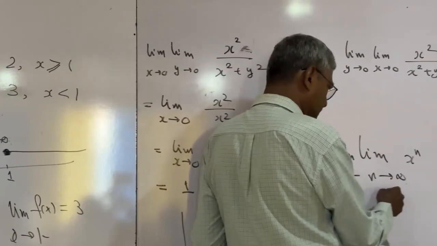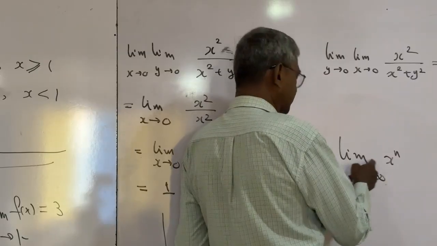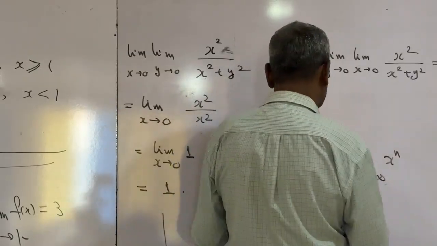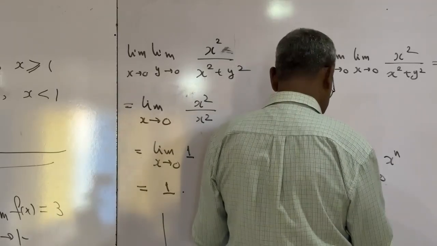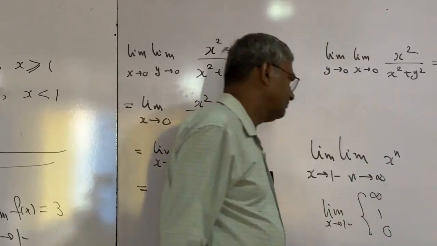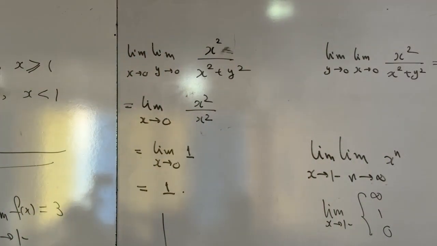If x equals 1, this limit is 1, always 1. If x is less than 1, it is 0. So you have 3 answers actually: infinity, 1 and 0. So he has not been careful, I guess.